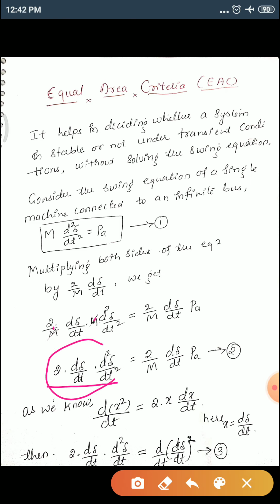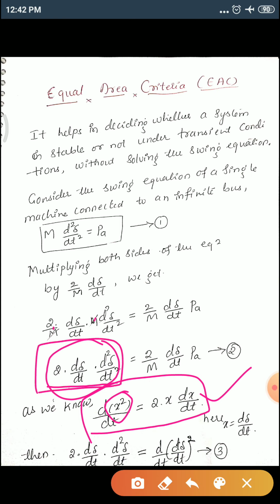Observe this term. Just consider that if we differentiate x square, we get 2x into dx by dt. Similarly, assume that x is equal to d delta by dt.